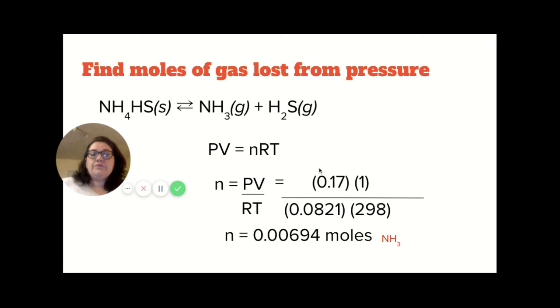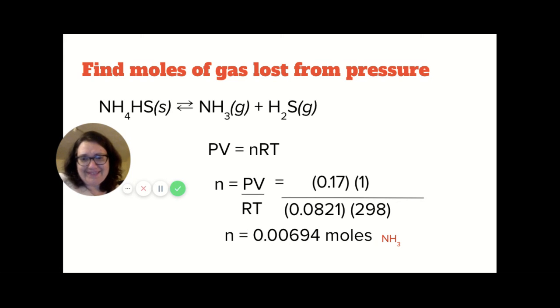n equals, P is 0.17. That was the partial pressure that was lost. The volume was 1 liter. It said so in the problem. R is the ideal gas constant. If you want to use the 0.08206, be my guest, but your numbers will be a little bit off from mine. And the temperature is 298 K, not 25 degrees Celsius.